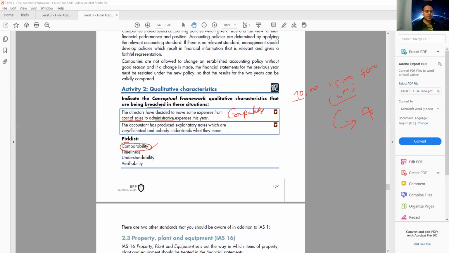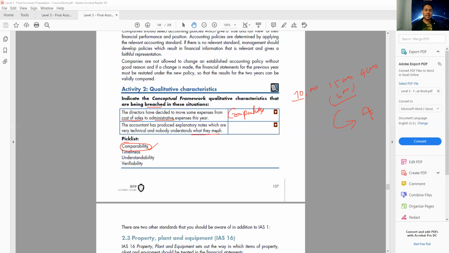The next one says, the accountant has produced explanatory notes, which are very technical and nobody understands what they mean. So you are the accountant, so you write something in your words like depreciation, trade payables, trade receivables, and basically all the people on the board, they are not from an accounting background and they didn't understand anything.